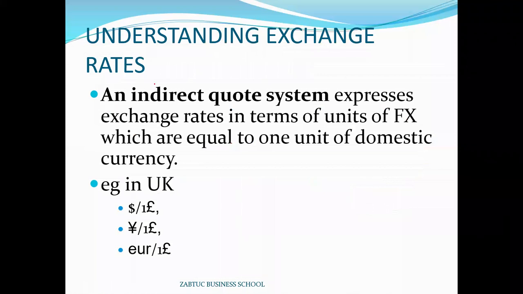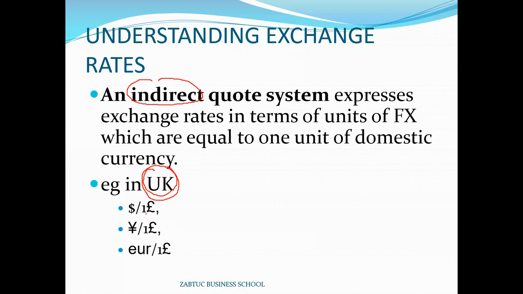Now we come to something else here, an indirect quotation system. This system expresses exchange rates in terms of units of foreign currency which are equal to 1 unit of domestic currency. Now here the story changes. If we look at the UK, the UK expresses their exchange rates using the indirect quotation system.